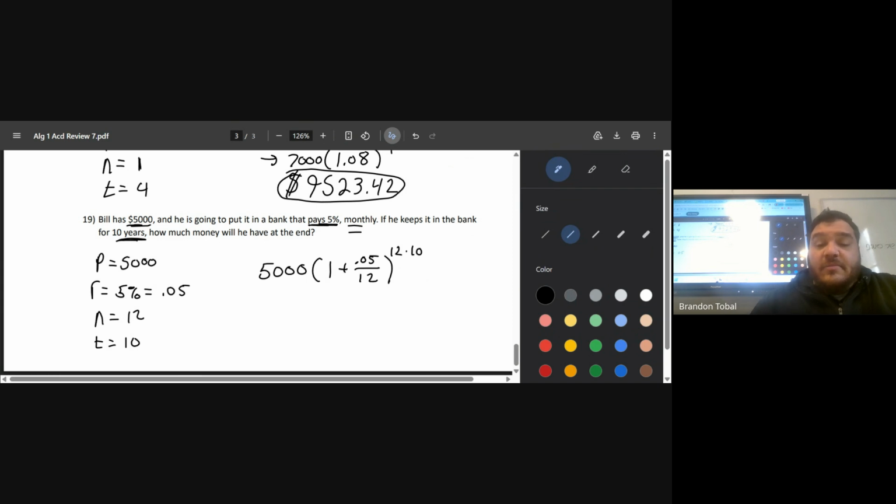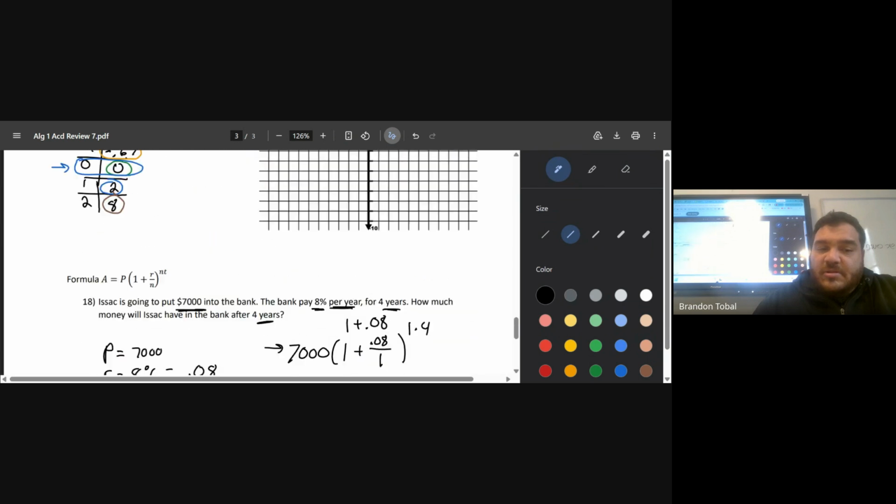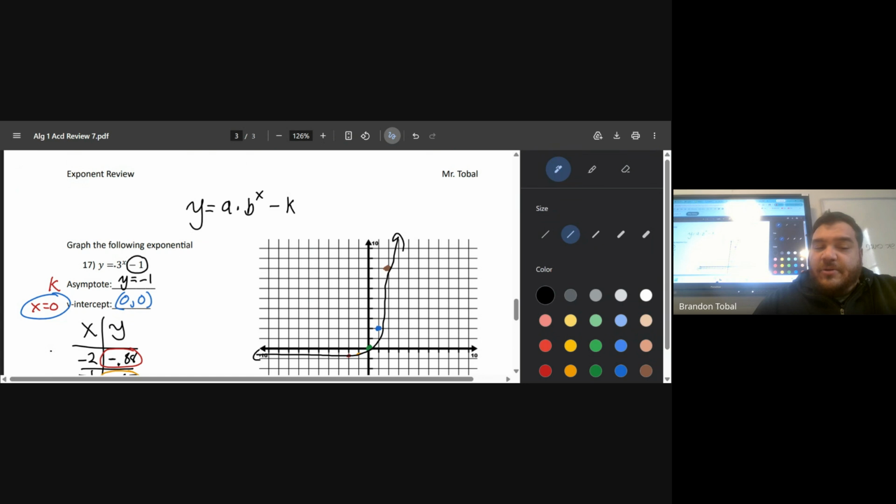So I take literally what you saw: 5,000, parenthesis, 1 plus 0.05 divided by 12. Just type it all in one straight thing. It'll make your life easier. Type it in that order, yes.